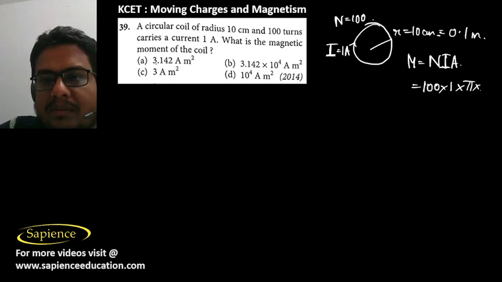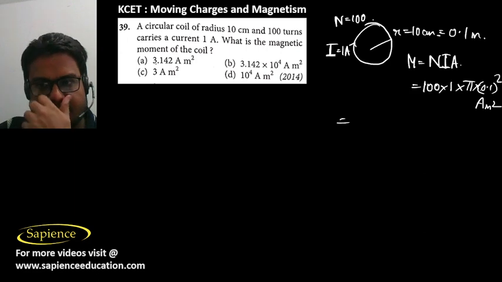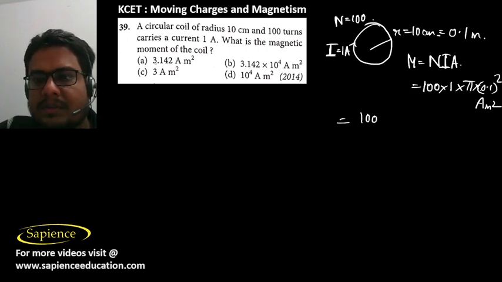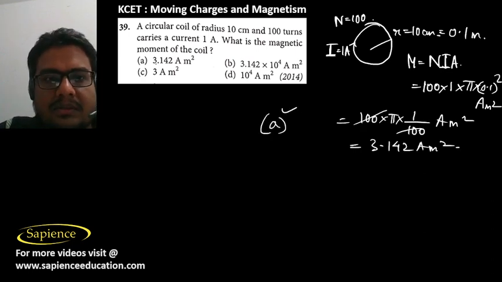So r square is equal to 0.1 square. So this will be 100 into pi into 1 by 100 ampere meter square. So this is pi ampere meter square, which is 3.142 ampere meter square. So option A is the correct answer.